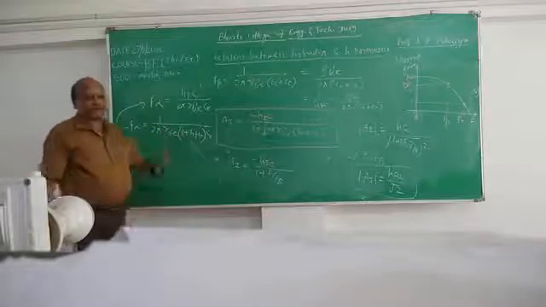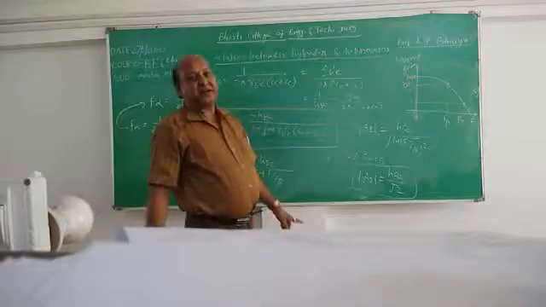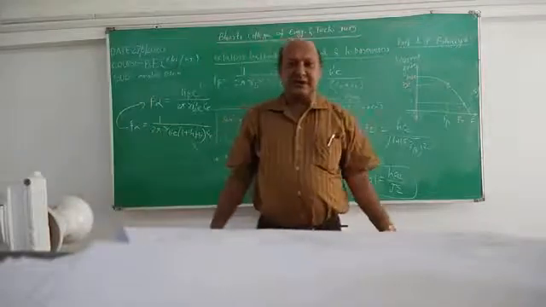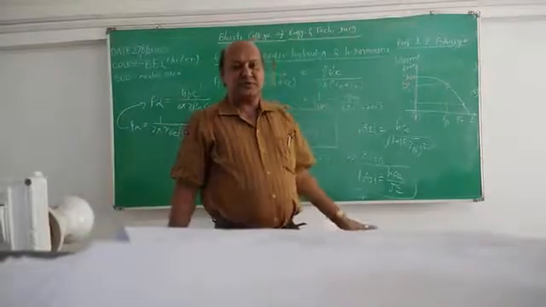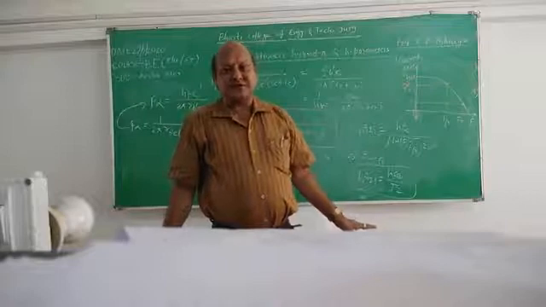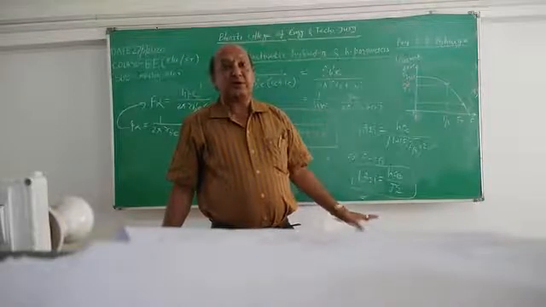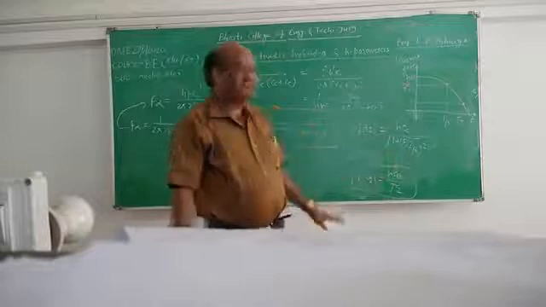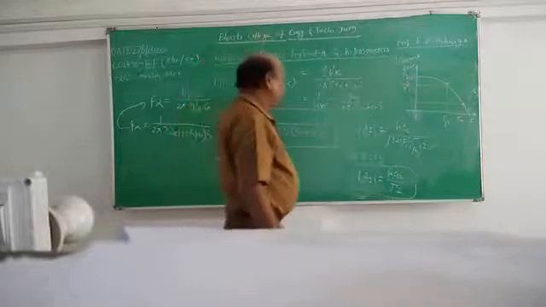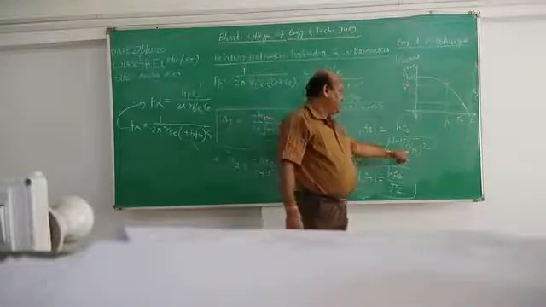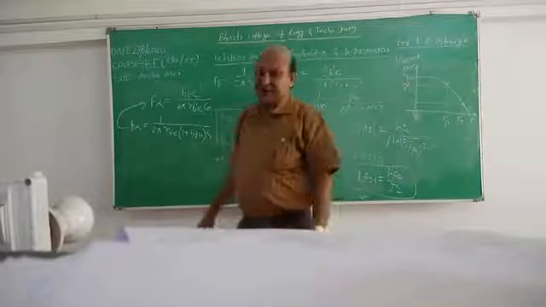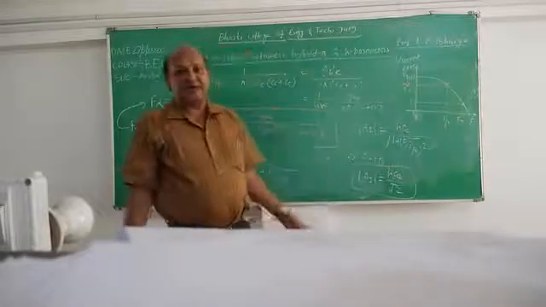So this is the formula for the current gain. F alpha is defined in case of a common base transistor, and in case of common emitter we define f beta. F beta in case of the common emitter, and f alpha is this.